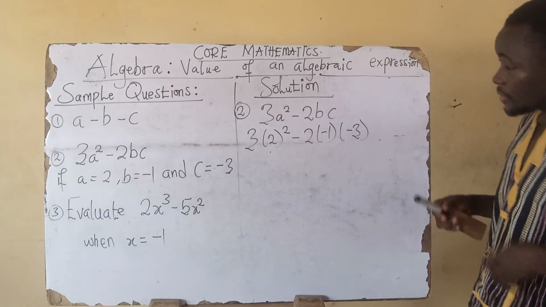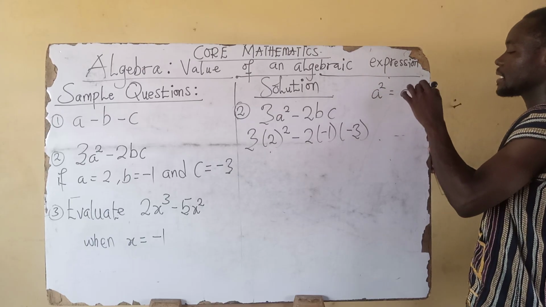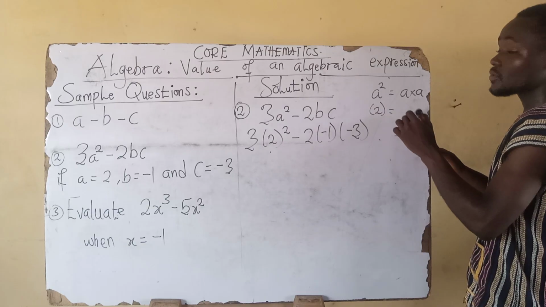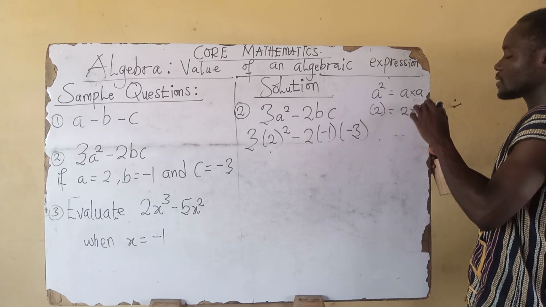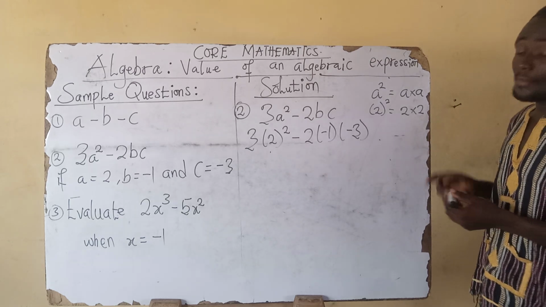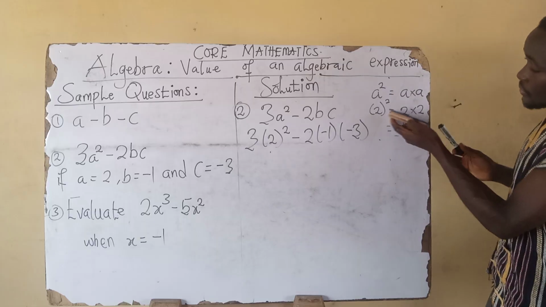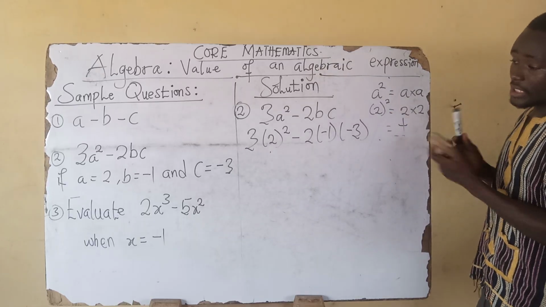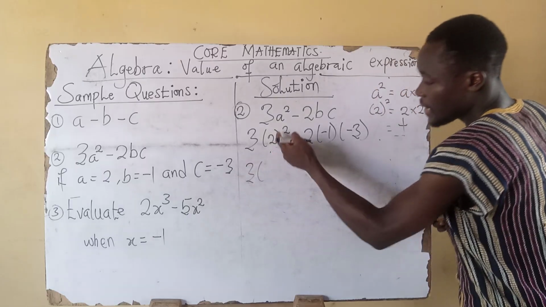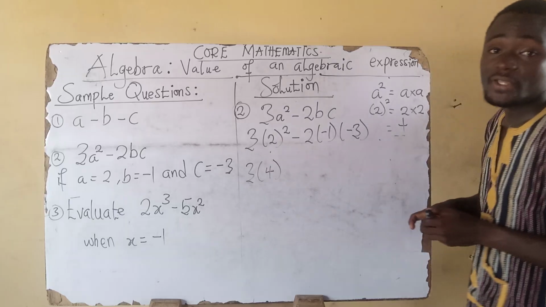Mathematically, if I have a squared, it is the same as a times a. So if I have 2 squared, this means 2 times 2, which gives us 4. I believe you are following.